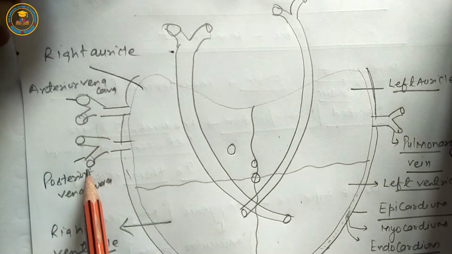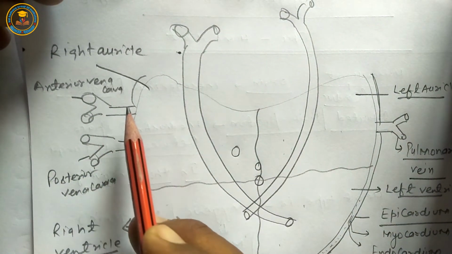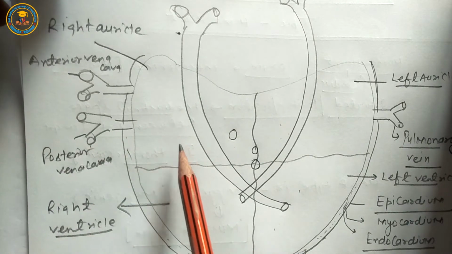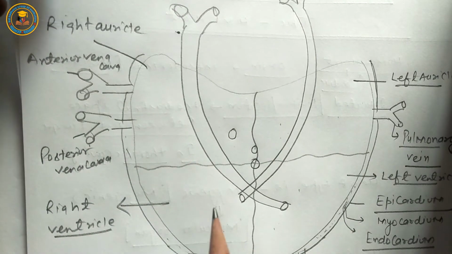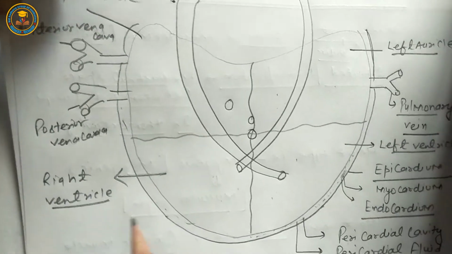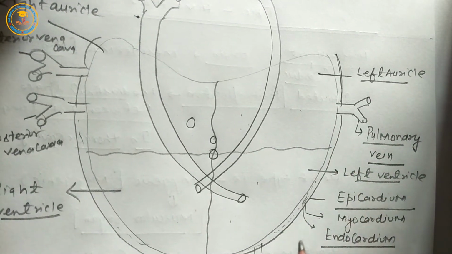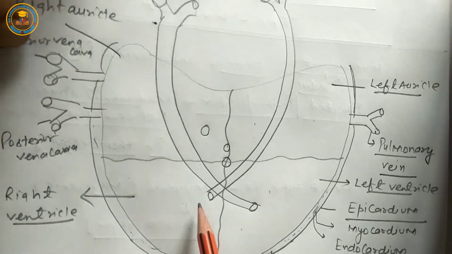Both anterior and posterior vena cava open in the right auricle. In right auricle and right ventricle there is impure blood, but in left auricle and left ventricle there is pure blood, it means oxygenated.